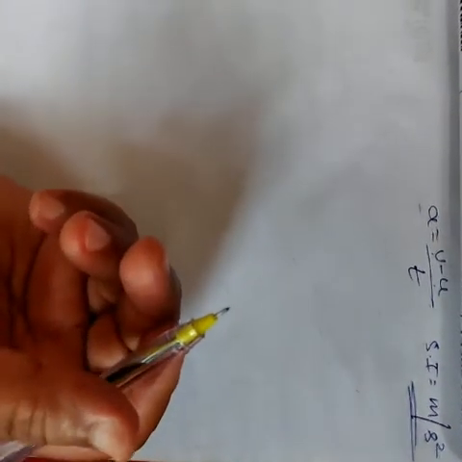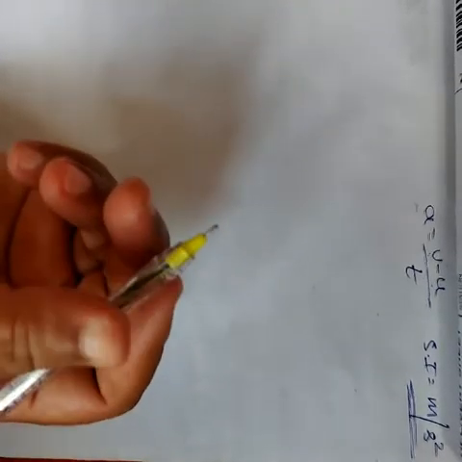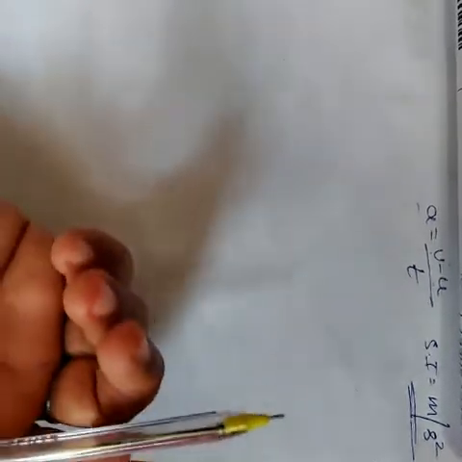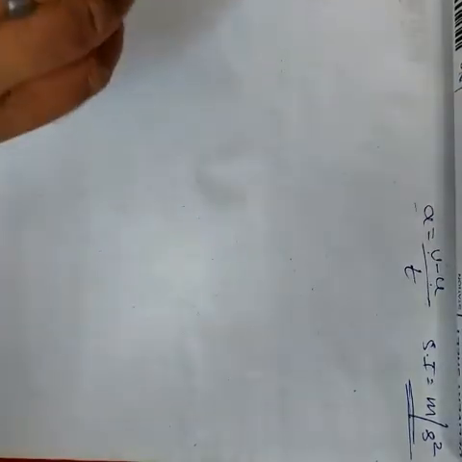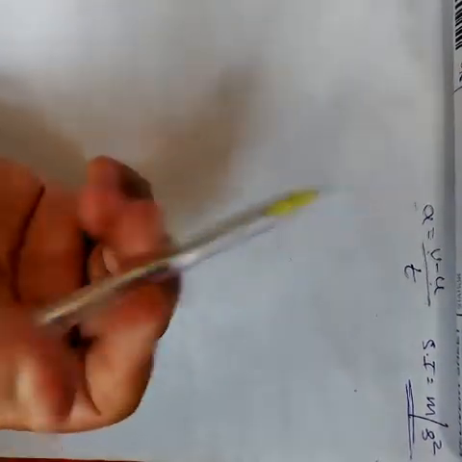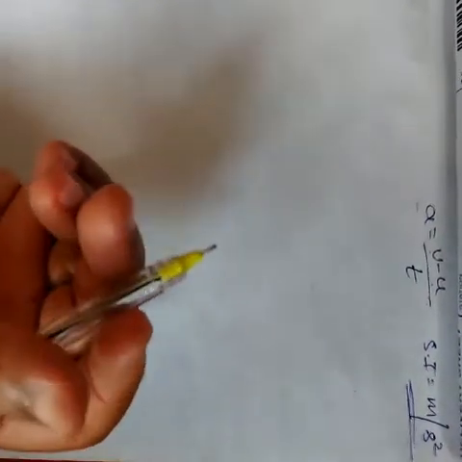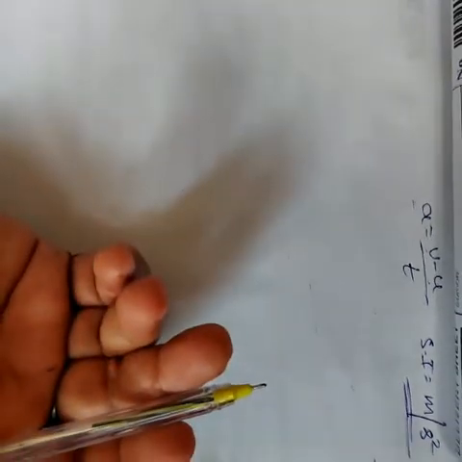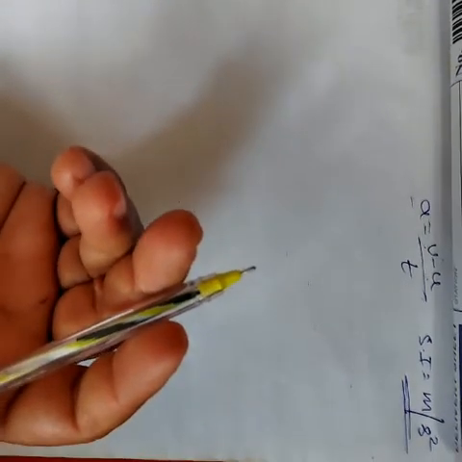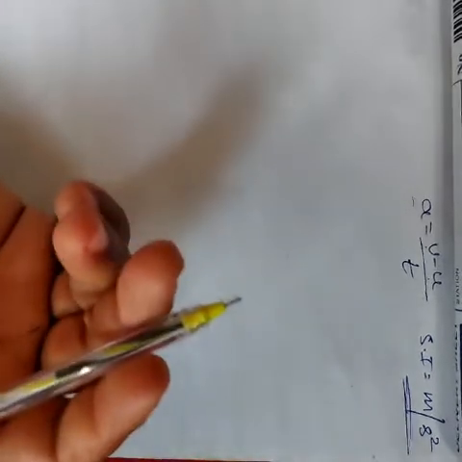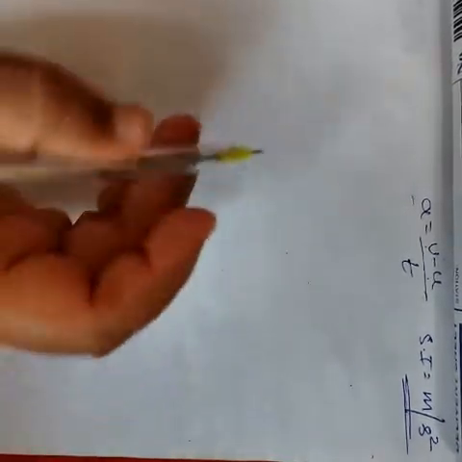And then different types of graph formation: uniform speed, non-uniform speed, uniform velocity, non-uniform velocity, uniform acceleration, non-uniform acceleration, retardation, uniform retardation, and non-uniform retardation. The graphs we discussed.